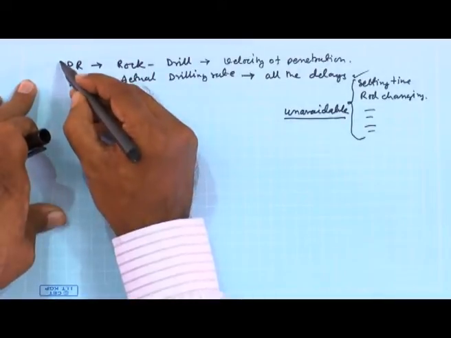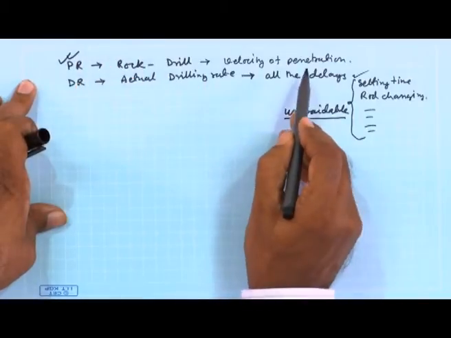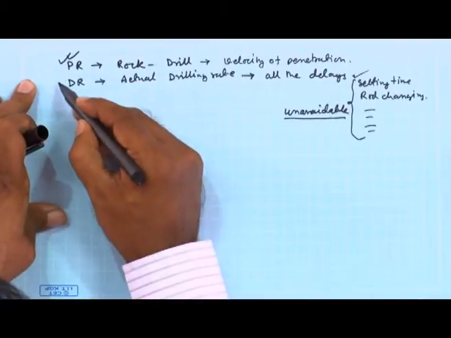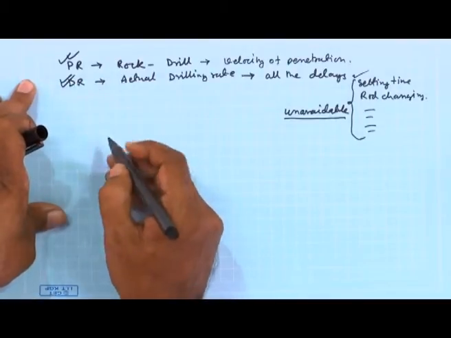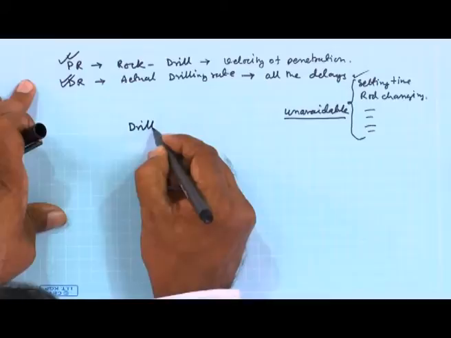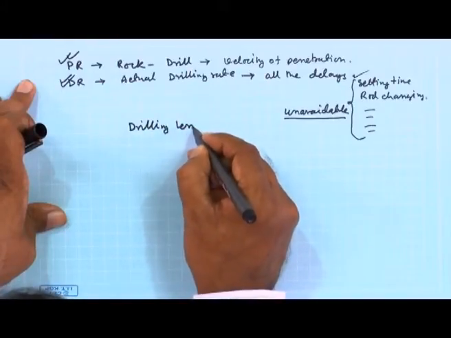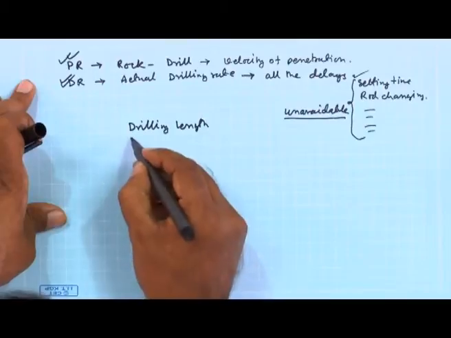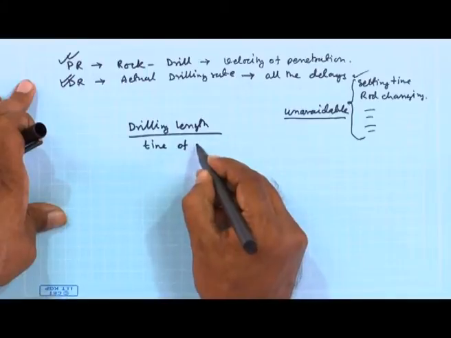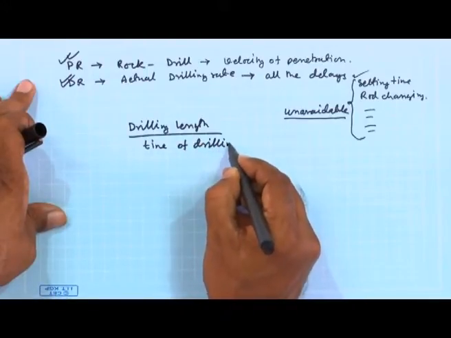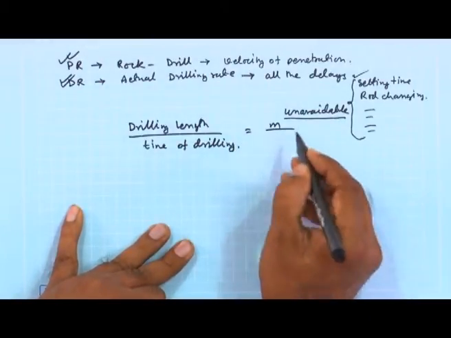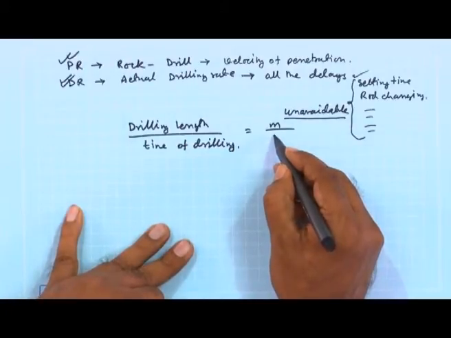That is why penetration rate, which is the speed of the penetration, is basically the higher value of the drilling rate, and drilling rate may be defined as the length of drilling achieved divided by the time of drilling.